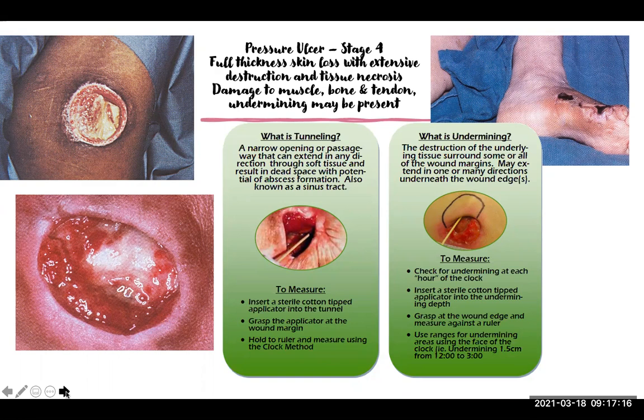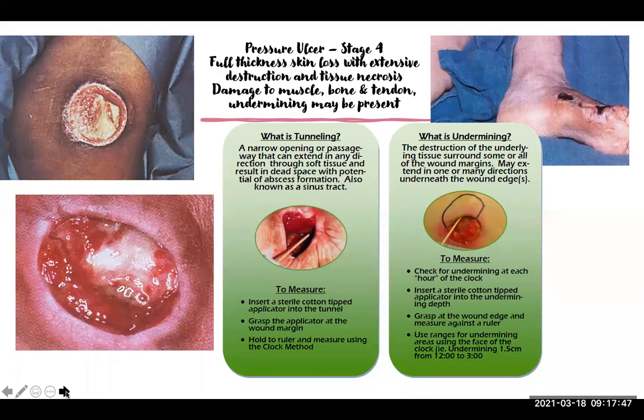Anyway, so here are examples of undermining, like we just described. On the right-hand side, what is undermining? It's the destruction of the underlying tissue surrounding some or all of the wound margins. It may extend in one or many directions. So when we would describe undermining, you would want to make the wound the face of a clock. And then you would describe the undermining based on the numbers on a clock.